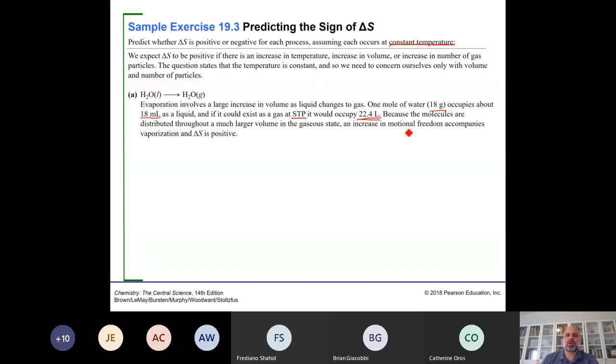So we're talking about a massive change in volume, from a graduated cylinder's worth of space up to enough space that it's larger than your body. Because the molecules are distributed throughout a much larger volume in the gaseous state, an increase in motional freedom accompanies vaporization. And so delta S is going to be positive. We're having a positive change. We're increasing entropy. Make sense?